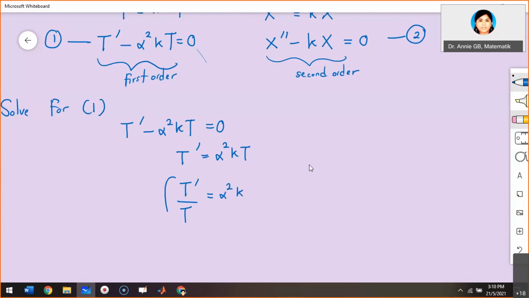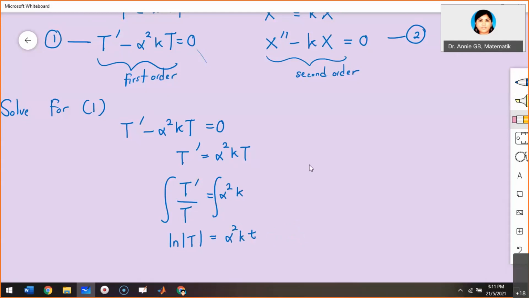Now, integrate. This will give me ln T equals to, now I am integrating with respect to t, betul tak? Kat sini tak ada t. Kalau constant, kalau kita integrate dapat apa? T plus c misalnya. Okay, but I don't want to put that constant right now.